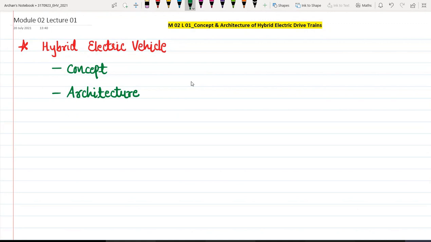Second is dissipation of the vehicle's kinetic energy during braking, especially while operating in urban areas. Another reason is low efficiency of hydraulic transmission in automobiles in stop and go driving patterns. So these are the disadvantages associated with conventional IC engine vehicles.